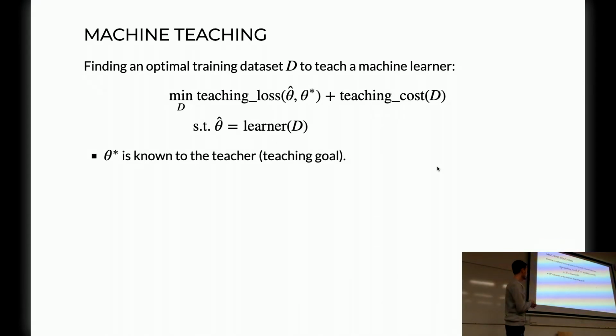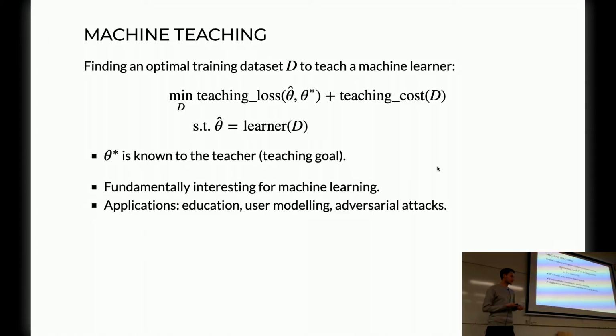We have some teaching loss, which measures how well the learner with this given data set is able to learn some teaching goal. So the teacher knows what the goal to teach is, and now it tries to construct a data set which has a minimal teaching cost also. So it wants the learner to learn the teaching goal, but with minimal cost.